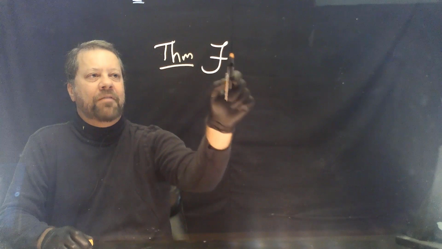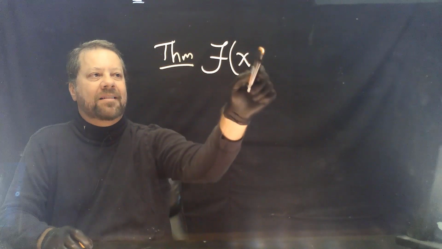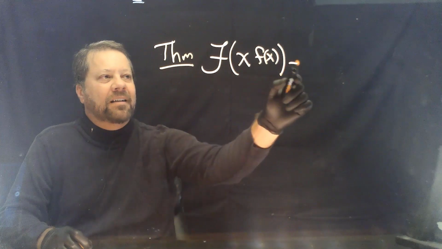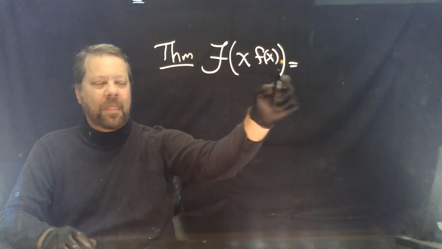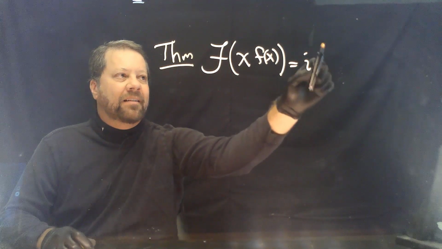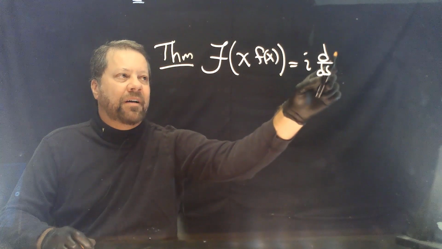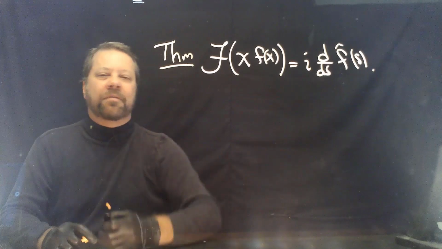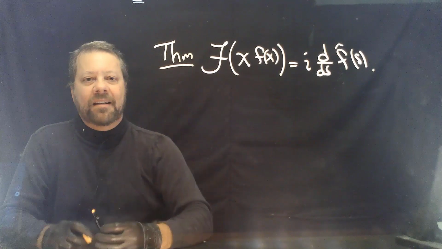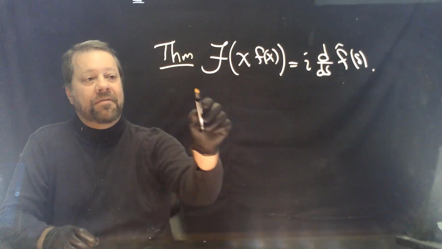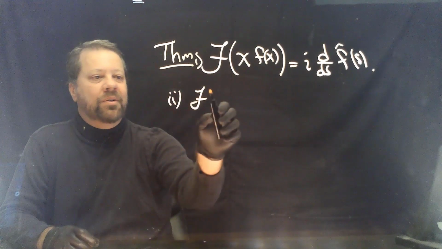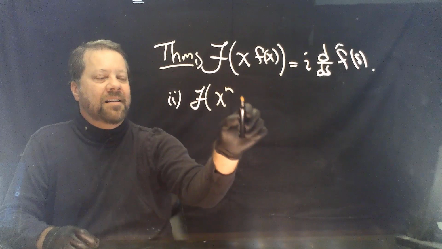What happens in the Fourier transform of x times a function? And the answer is we get i times the derivative of f hat, the Fourier transform of the function. And what happens if we have, this is part 1, part 2, x to the n?